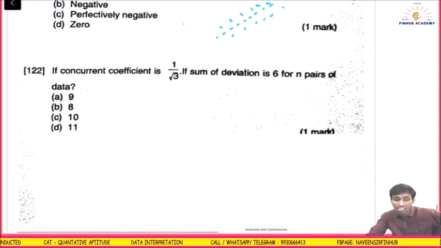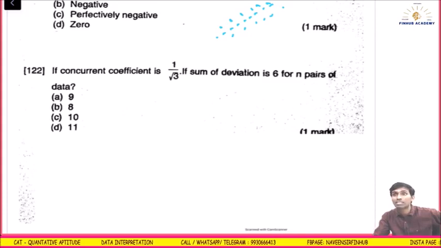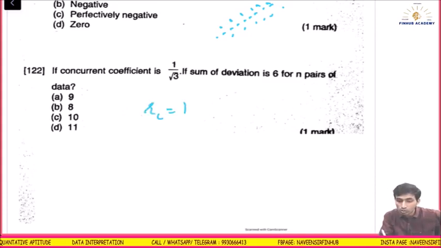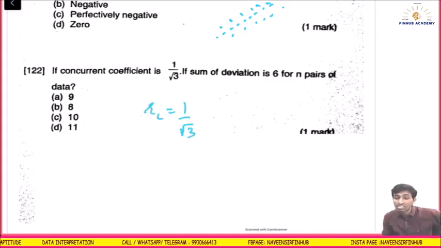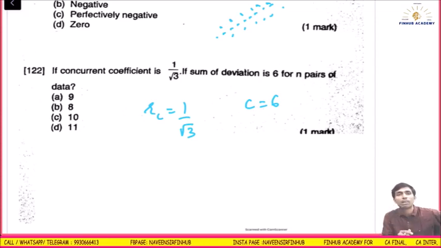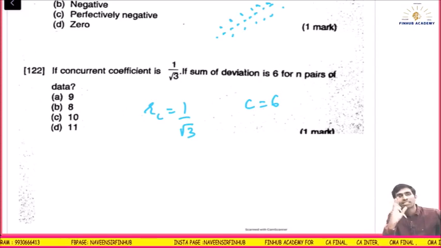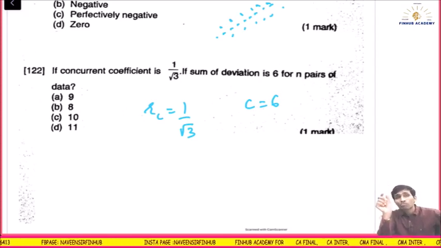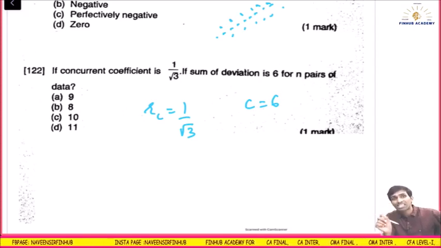If the concurrent deviation coefficient is 1 by 3, they are saying rc is equal to 1 by root 3. If the sum of the positive deviations is 6, always we take the positive deviations in the formula, not the negative. You multiply the signs: minus into plus is minus, plus into minus is minus, minus into minus is plus. Whatever product has a plus sign, you count those.